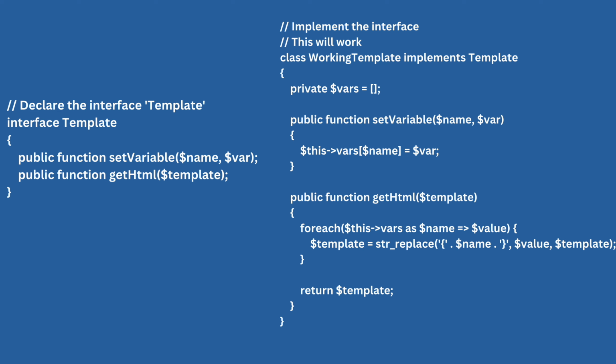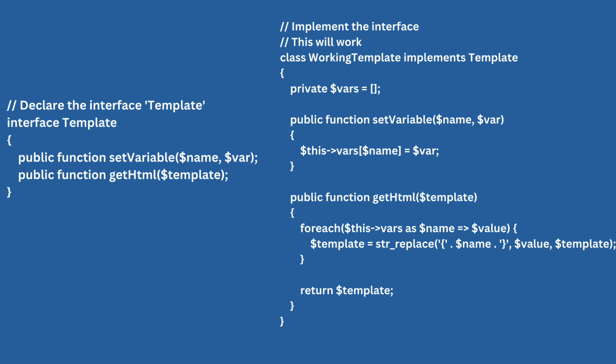Suppose you are creating a class and lots of things are happening, but you want a particular function to always be written in every class. If someone is writing a new class and that is missing, that is not going to help your purpose, right?